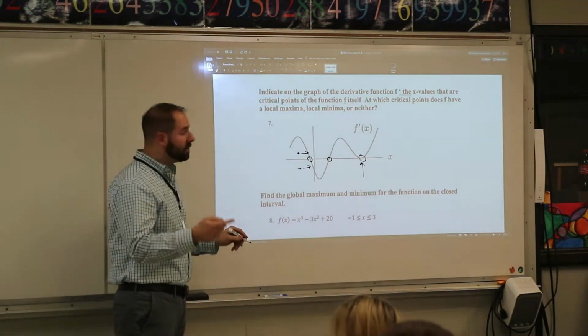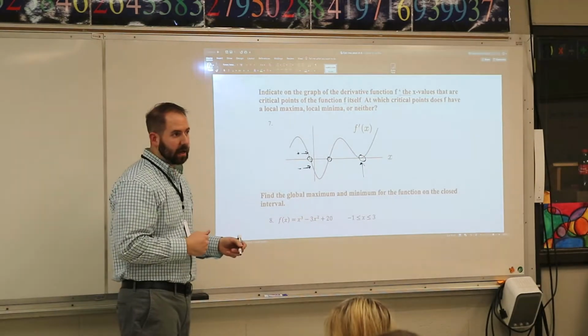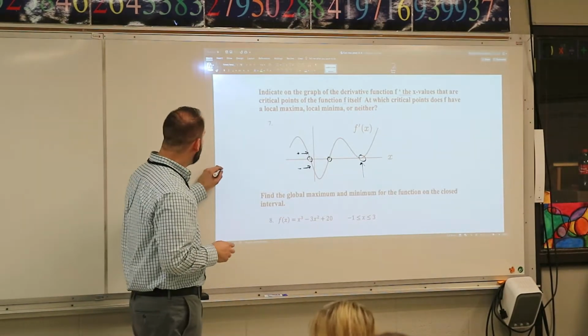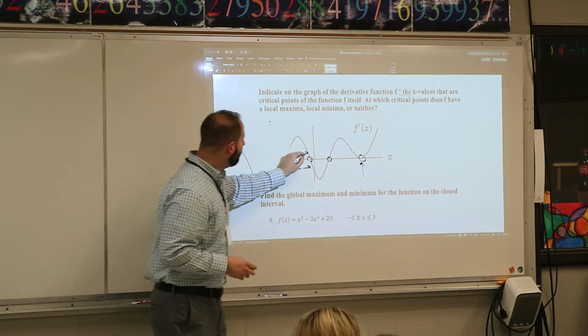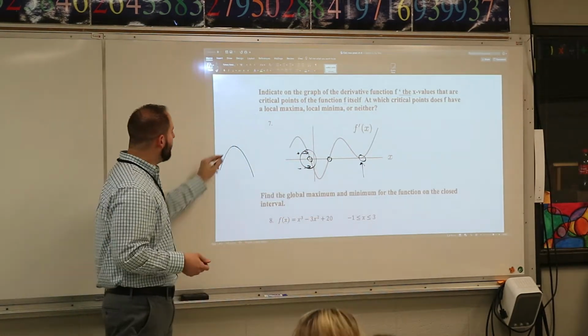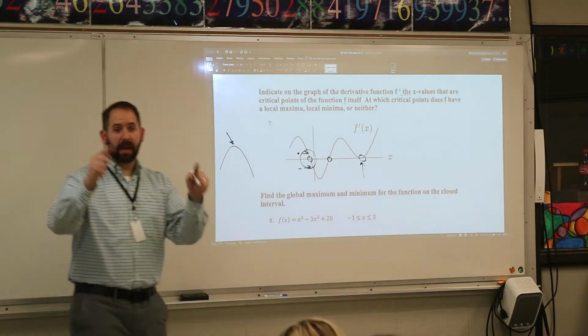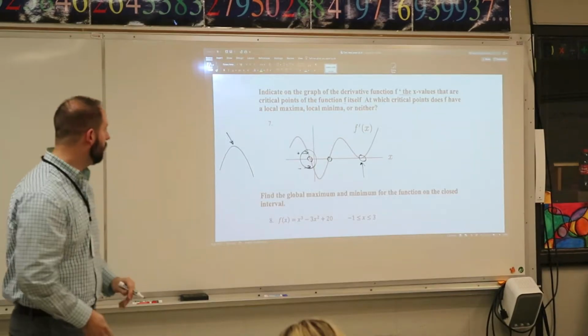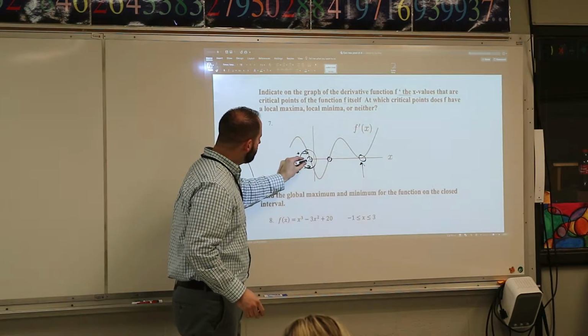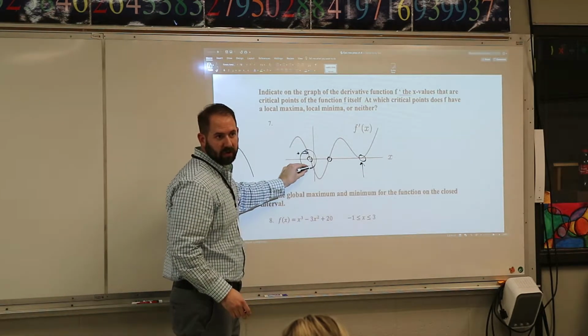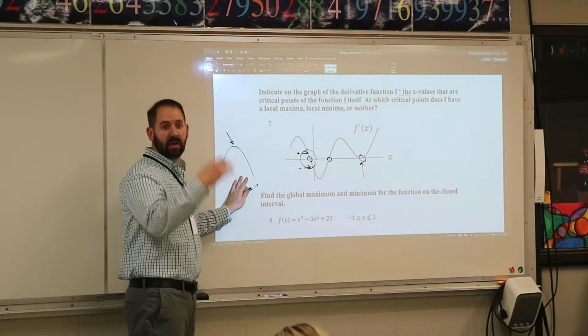That's a maximum at that spot on the original graph, because it went from positive slope to 0 slope to negative slope. That's a hilltop, literally a maximum at that critical point. These were positive numbers for the first derivative, that was 0, and these were negative numbers. So on the original function, it's a hilltop.